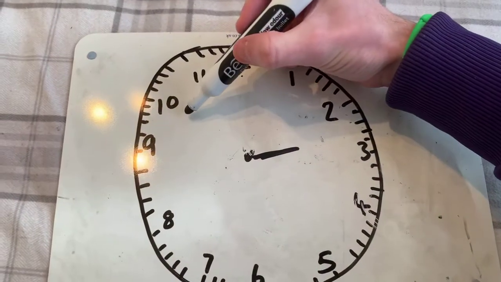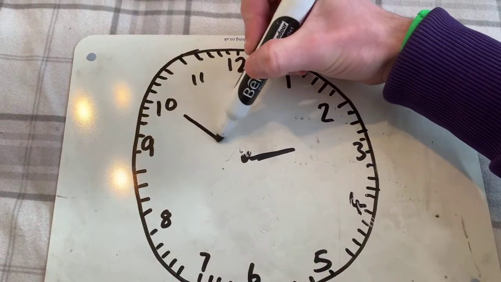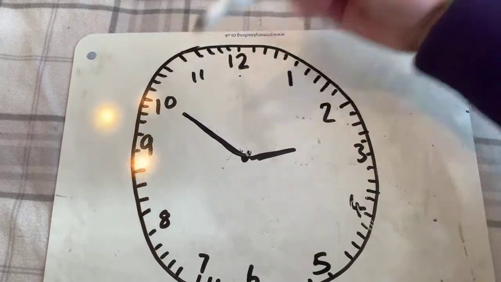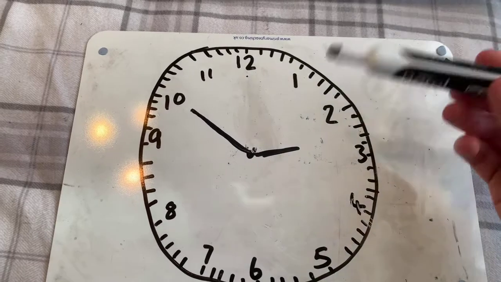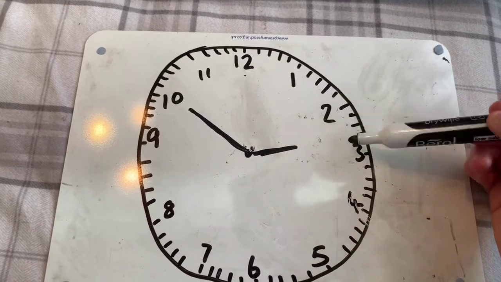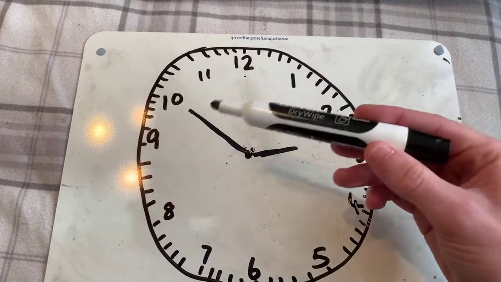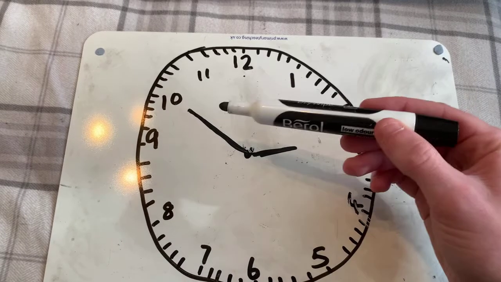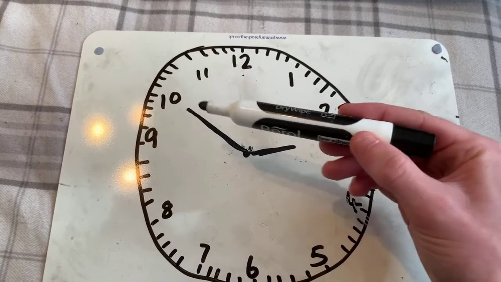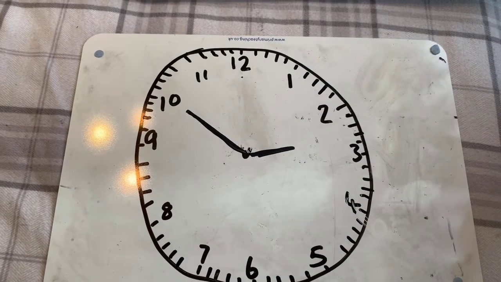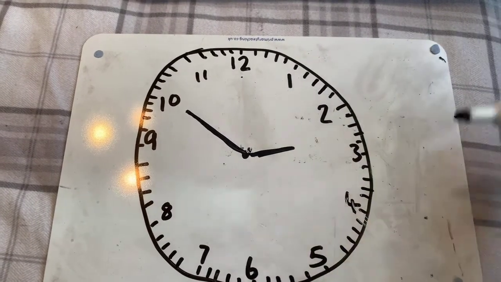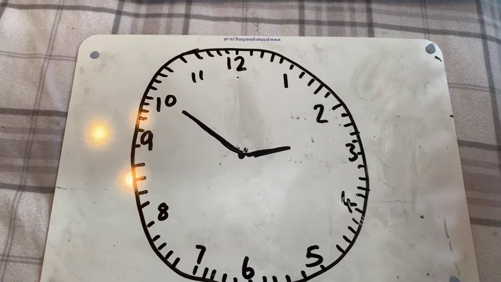And I think what we'll do is we'll pop the minutes hand just after the 10. So looking at the hour, we know it's going to be somewhere in between 2 and 3. And looking back here, there's 51 minutes past 2 o'clock, but we don't call it 51 minutes past, we call it 9 minutes to 3.